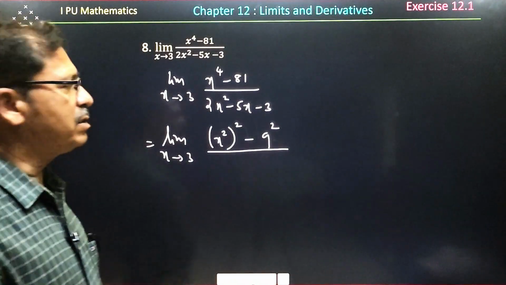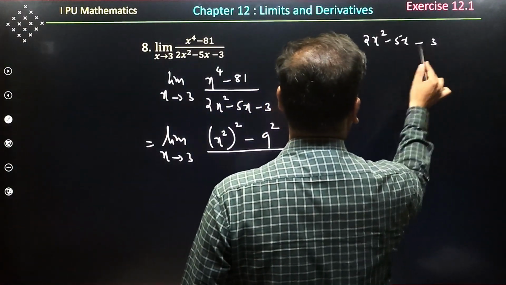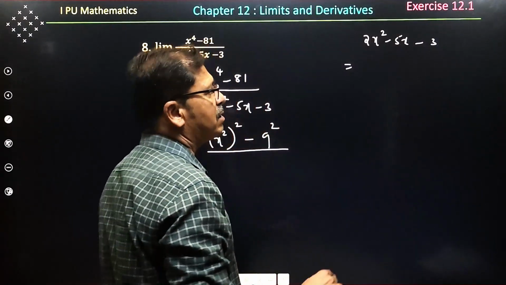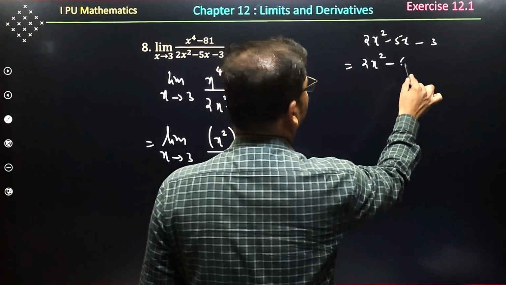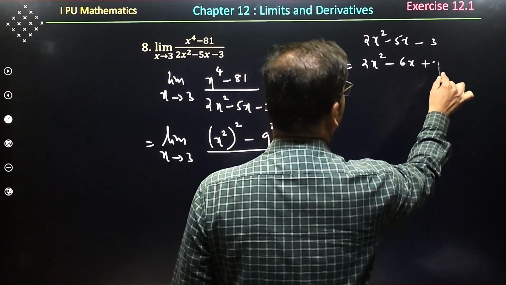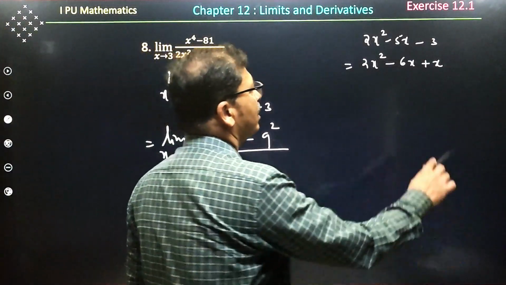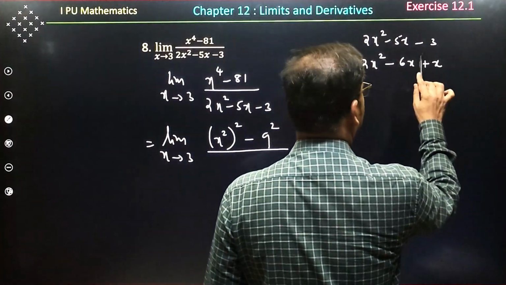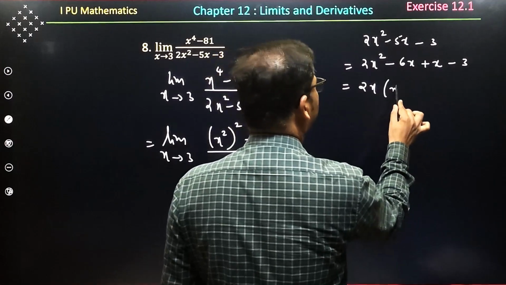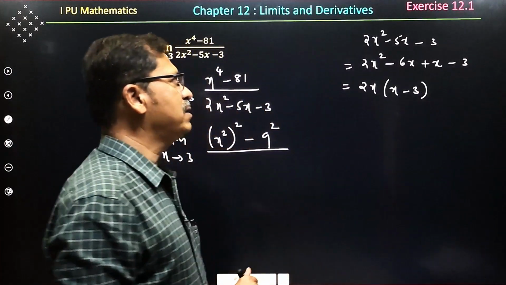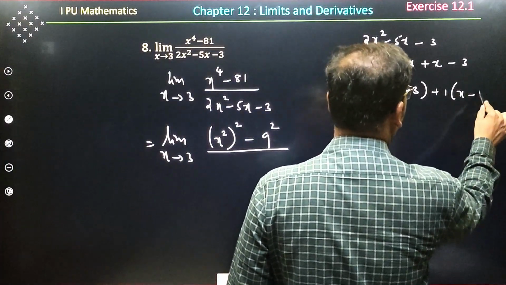The denominator can also be factorized. 2x square minus 5x minus 3. The product is minus 6x square, and the difference leads to minus 5x, so minus 6x plus x. Now take 2x common: 2x plus 1 into bracket x minus 3.